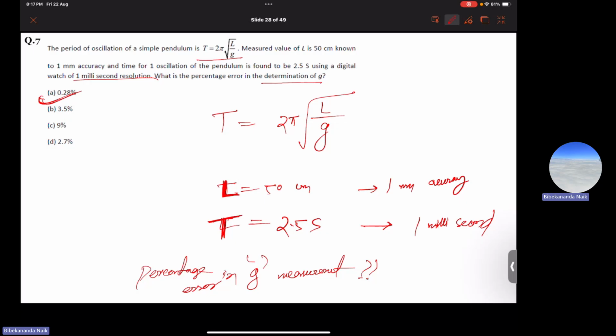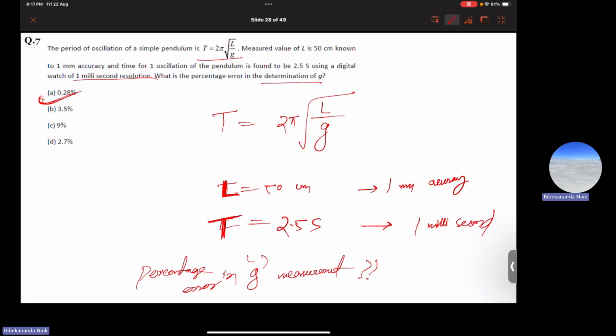It is small because the measurements we are using are more reliable. When the overall length we are measuring is 50 centimeter and the least count is 1 millimeter, the percentage of error in measurement of L is small. Again, the percentage of error in measurement of T is even smaller because we are using an instrument of least count 1 millisecond.